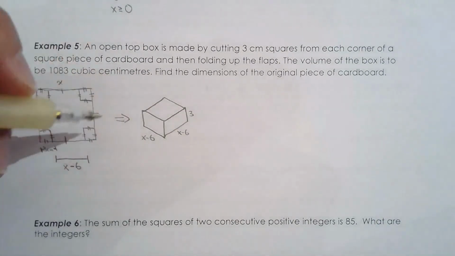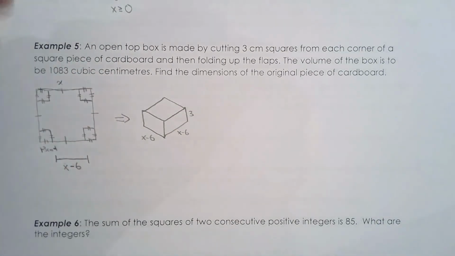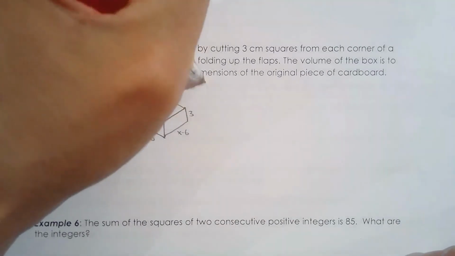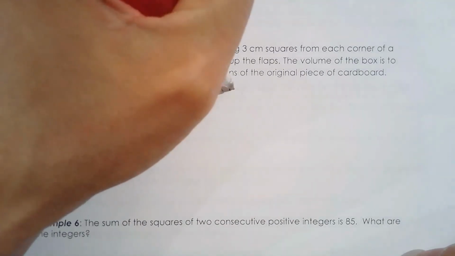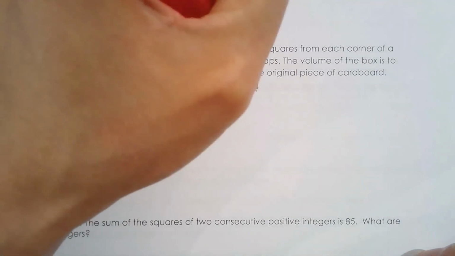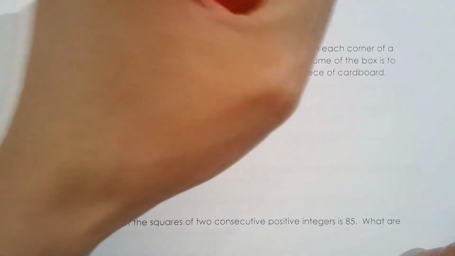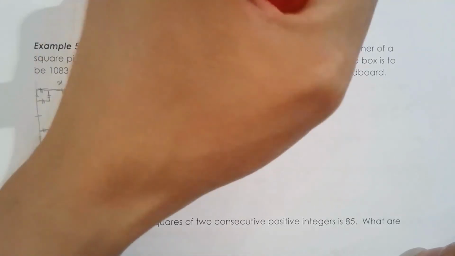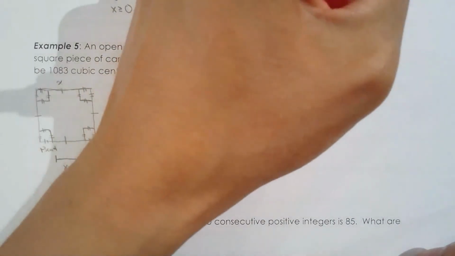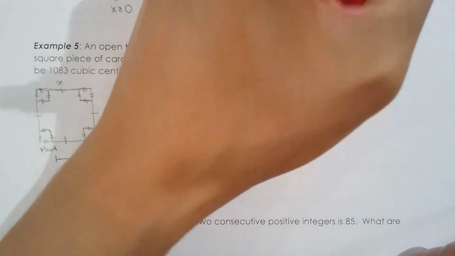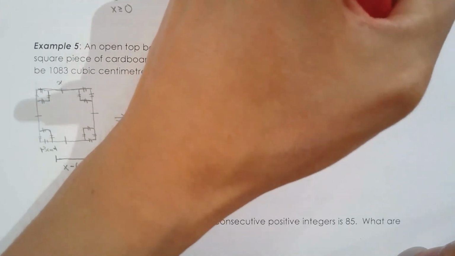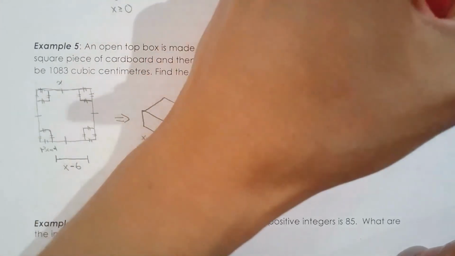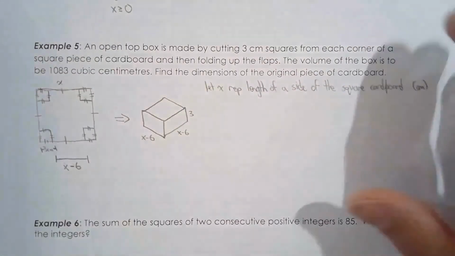Now before we build the equation, we should really do a quick let statement. Let x represent the length of a side of the square cardboard, and of course it's measured in centimeters.